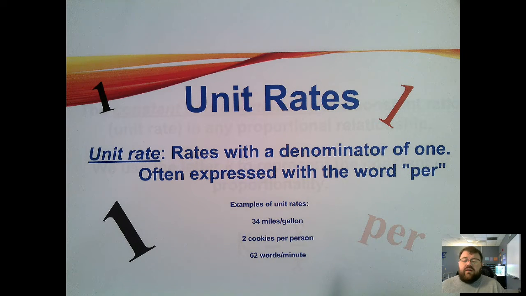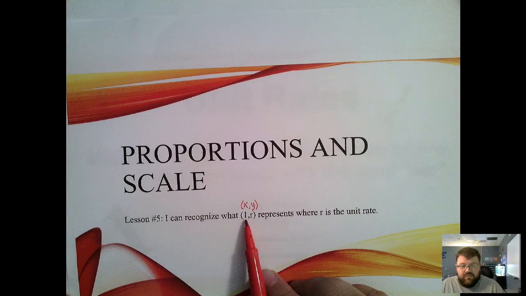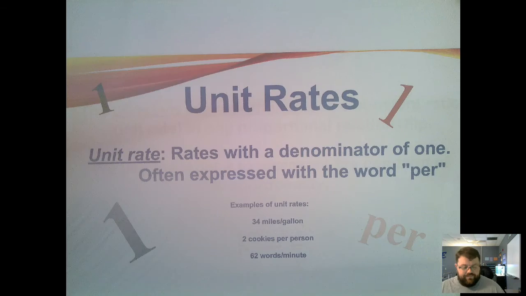We talked about simplifying ratios to get a unit rate in our lessons already. So when you hear the term unit rate, you should think of the number 1. And according to our learning target, the 1 is going to be the X value.